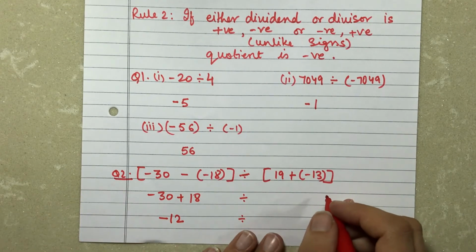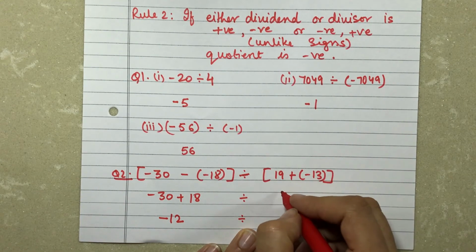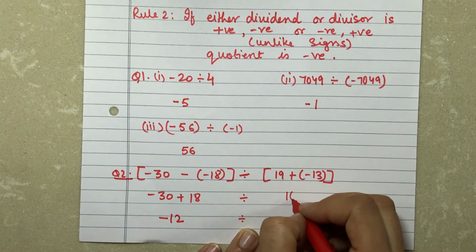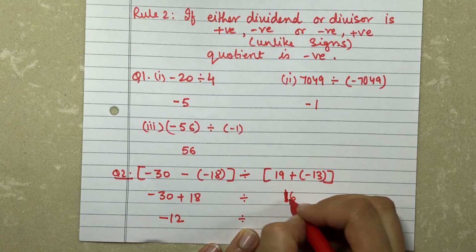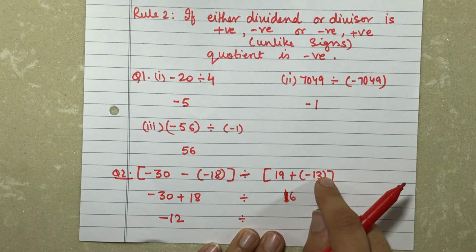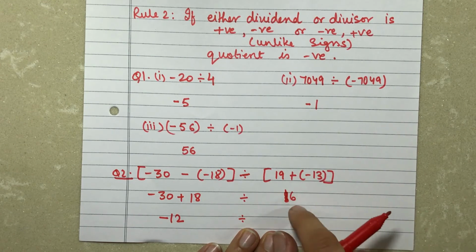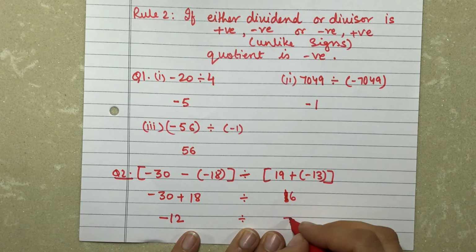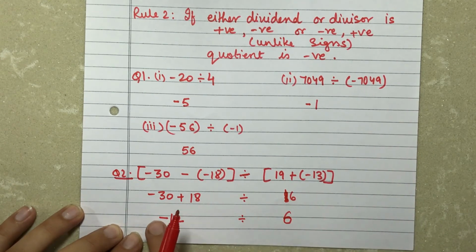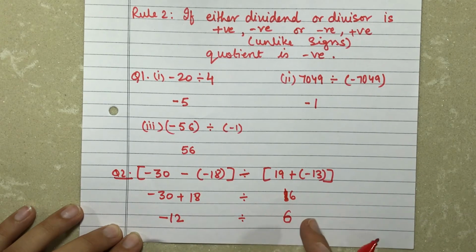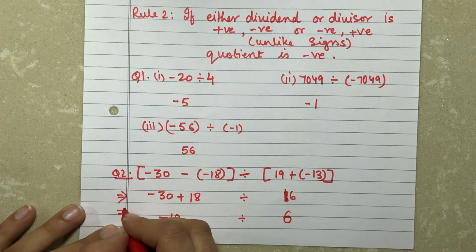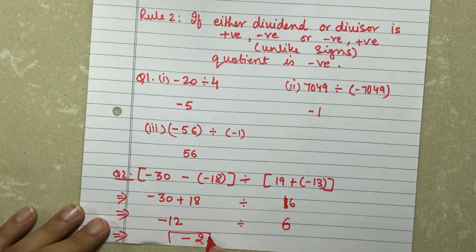There is a division sign in between. 19 plus minus 13, so 19 minus 13 gives me an answer 6, positive 6, because 13 is a smaller number, and I'm going to put the sign of the bigger number, 6. So minus 12 divided by 6 gives me an answer, since unlike signs, so 12 divided by 6 is 2, and the sign is going to be negative. That is what is my answer.